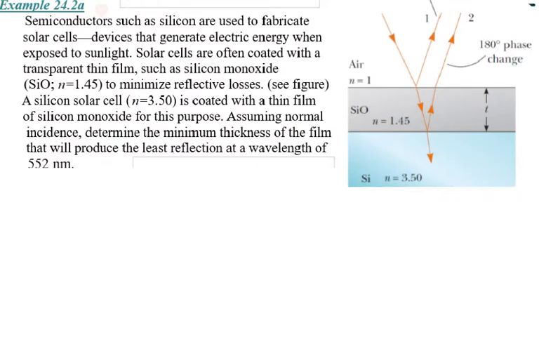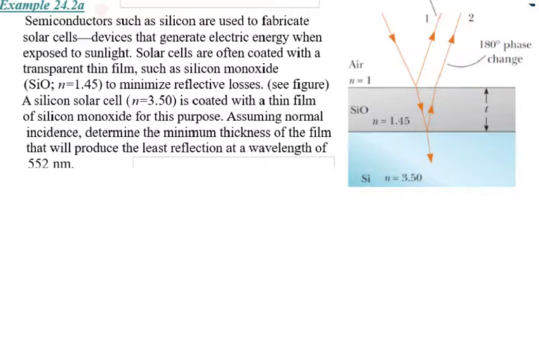In this question, they say semiconductors such as silicon are used to fabricate solar cells, devices that generate electric energy when exposed to sunlight. So solar cells are often coated with a transparent thin film such as silicon monoxide, whose index of refraction is 1.45, to minimize reflective losses.